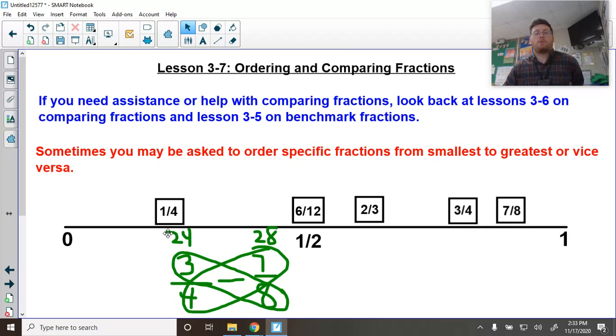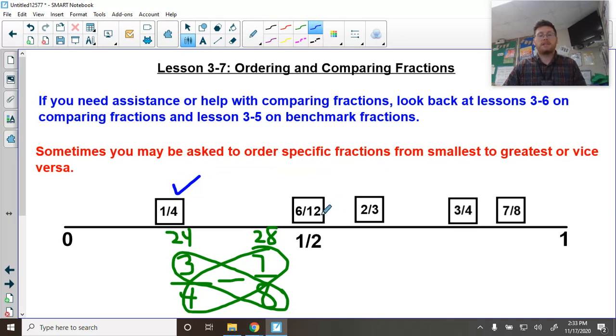So now I just want to double check to make sure that they're in the right order. So 1/4 is in between 0 and 1/2. That's correct. Okay, 6/12 is the same as 1/2, so that's correct. 2/3, ooh. Let me check and see if 2/3 is smaller than 3/4. So 2/3 and 3/4.